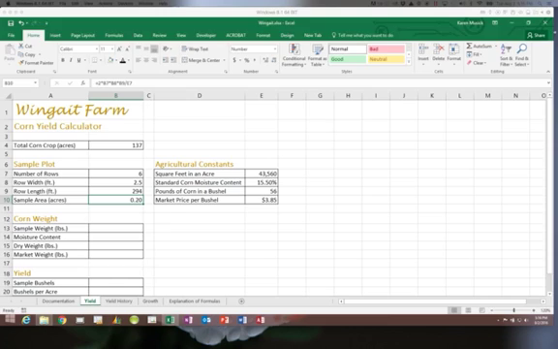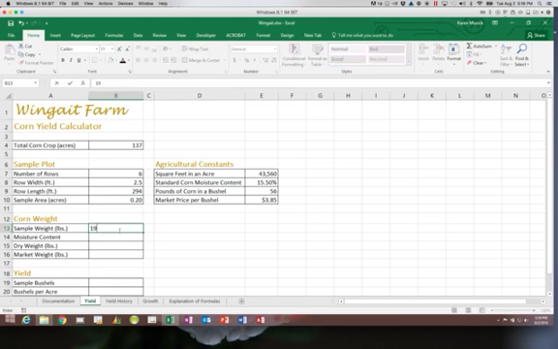And now we're going to enter some additional facts. So in B13, the sample weight is 1922. In B14, we have a moisture content of 16.3%.